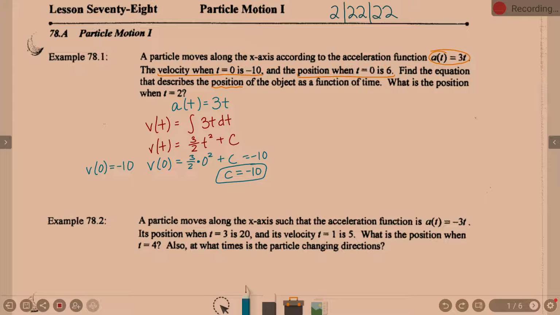So c is negative 10. So my velocity function is 3 halves t squared minus 10. Are we okay with the velocity function there?